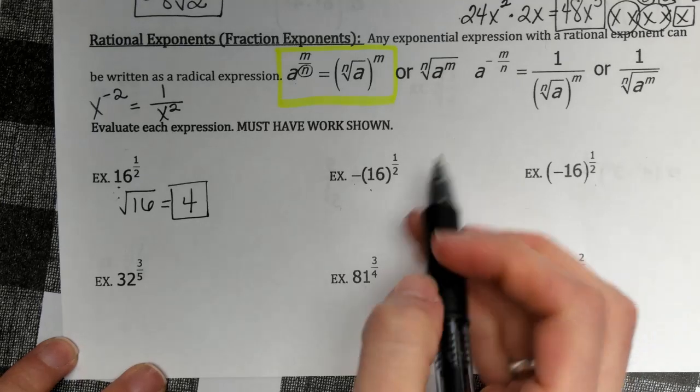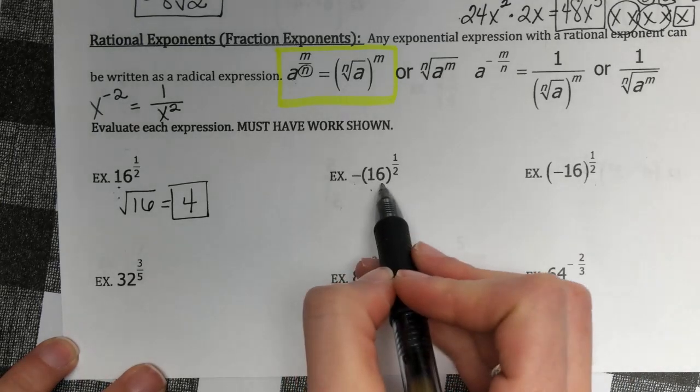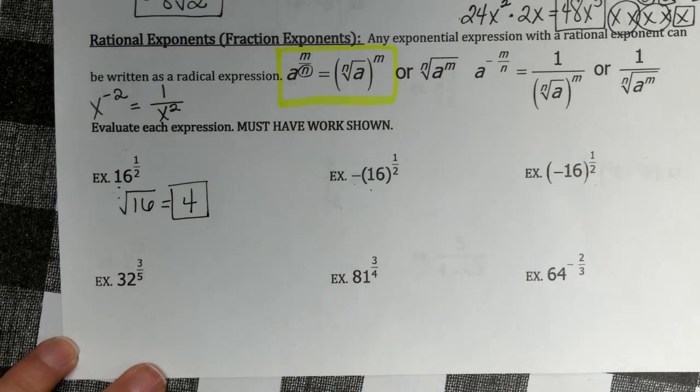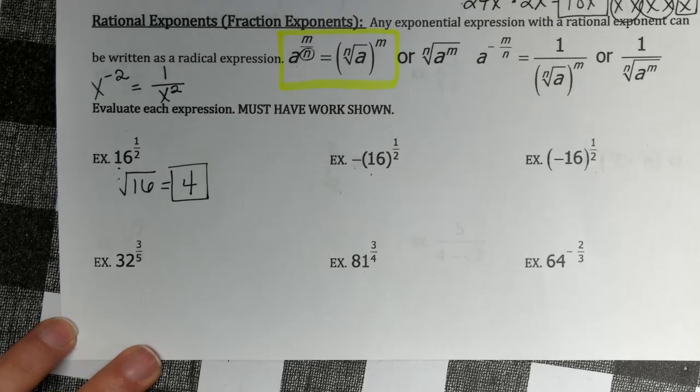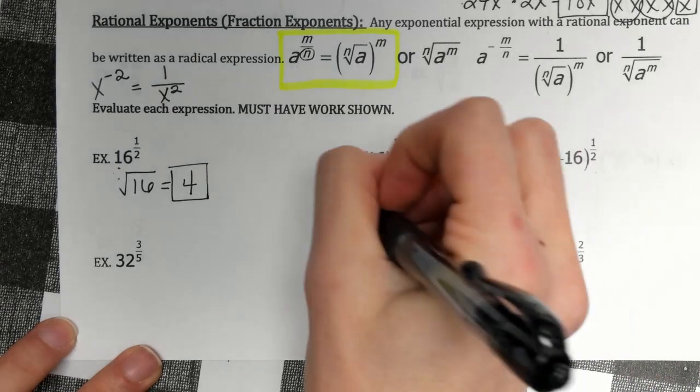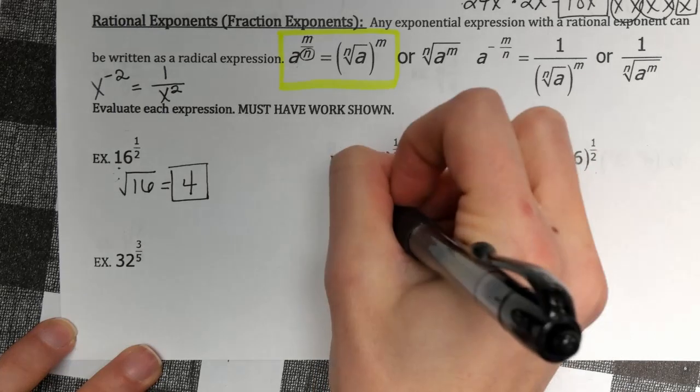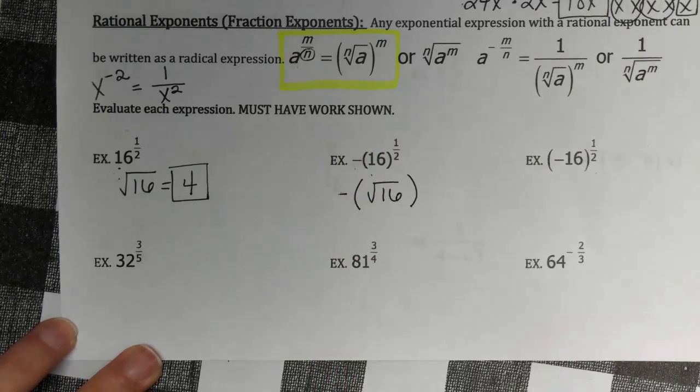Alright? Now, if I have negative on the outside, 16 to the 1/2, I want you to set this up on your own. Just set it up. What should it look like? Negative, then parentheses, square root of 16. That placement of your negative matters.